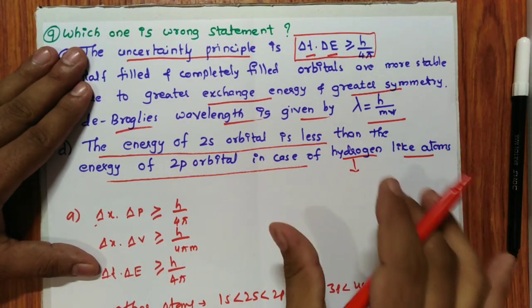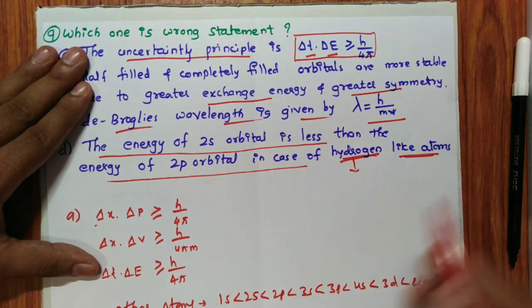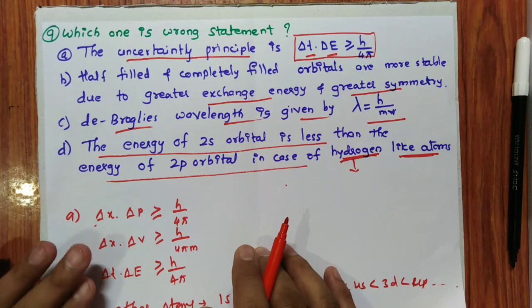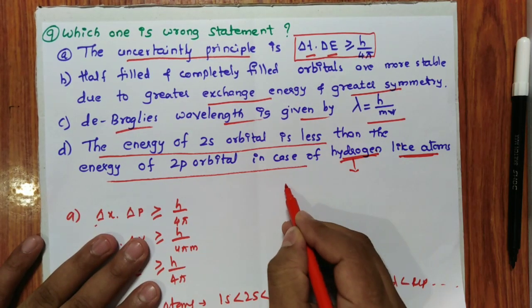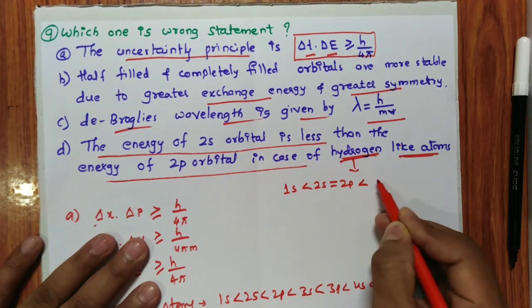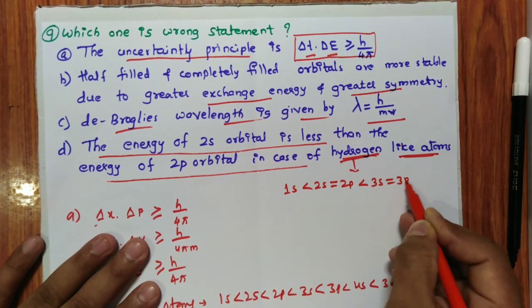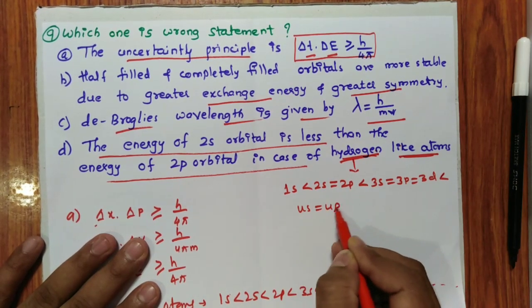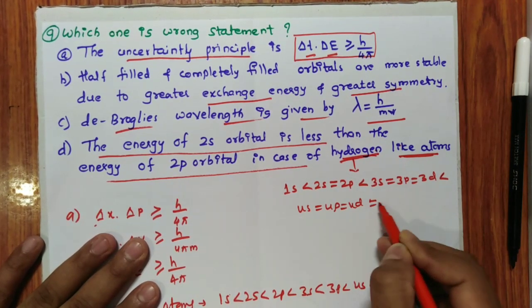But very important point is that in hydrogen or hydrogen-like atom, only one electron is present. This is a single electron system. Because of this reason, it is 1s less than 2s equal to 2p less than 3s equal to 3p equal to 3d less than 4s equal to 4p equal to 4d equal to 4f.